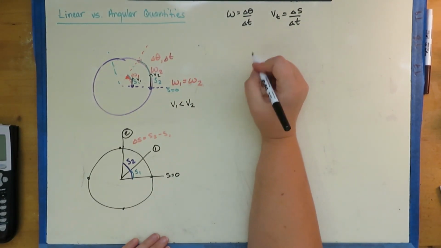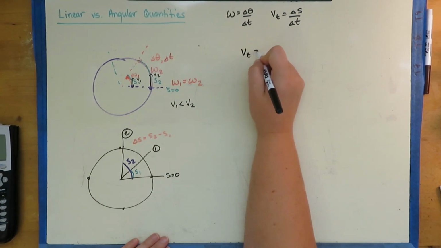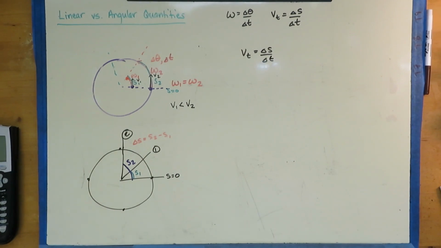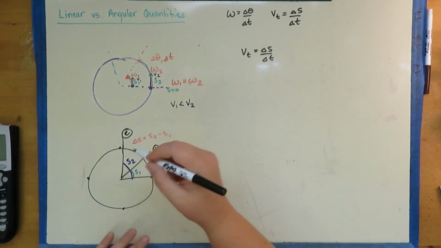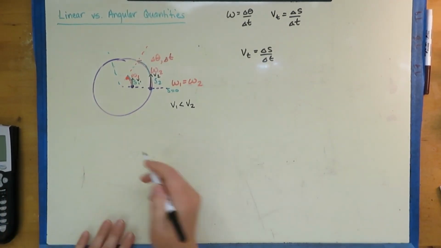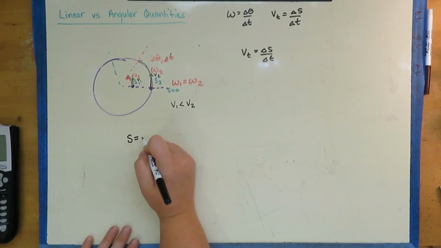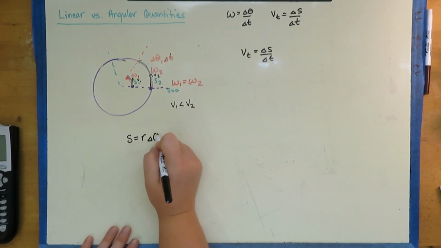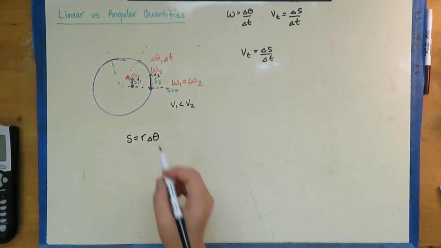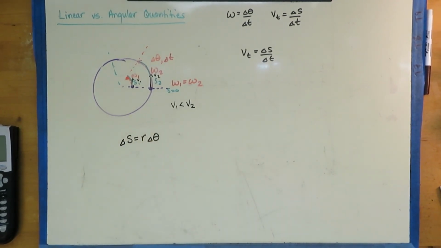Well, starting with this definition of Vt is equal to delta s over delta t, how would delta s relate to a rotational quantity? Well, we know that from pre-cal, you might have seen something that s is equal to r times delta theta, or sometimes they just do s is equal to r theta. Or you can do delta s is equal to r times delta theta.